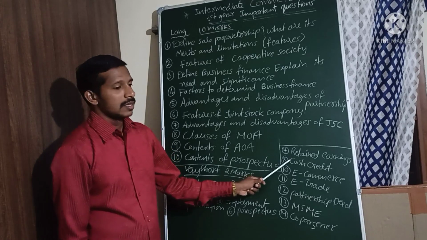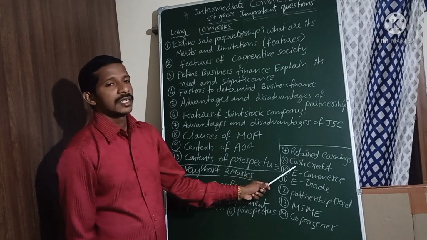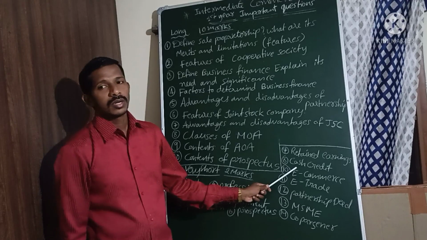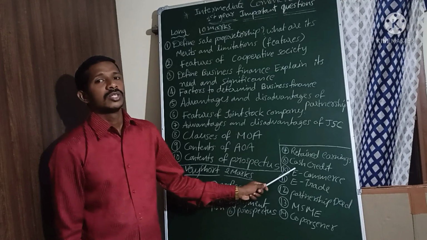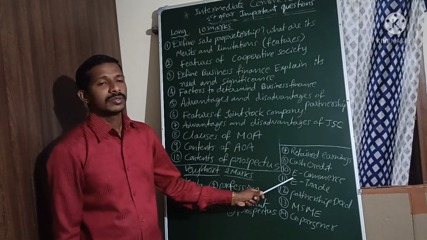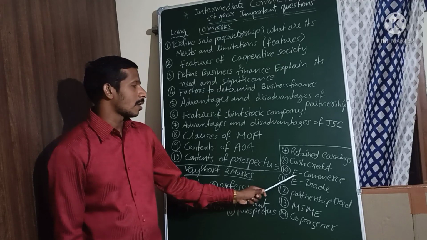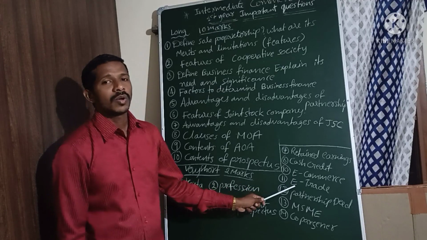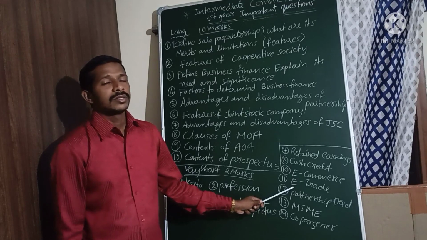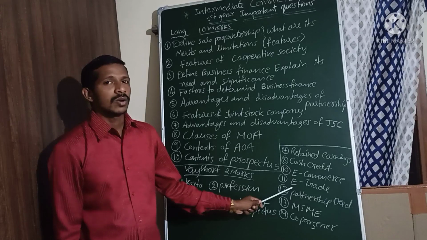Retained earnings. Okay. Cash credit. Cash credit is a short-term finance. E-commerce. Electronic commerce. By using electronic devices, distribution we are doing. It is electronic commerce. E-trade. Electronic trade. Buying and selling activity we are doing through electronic devices, electronic gadgets.